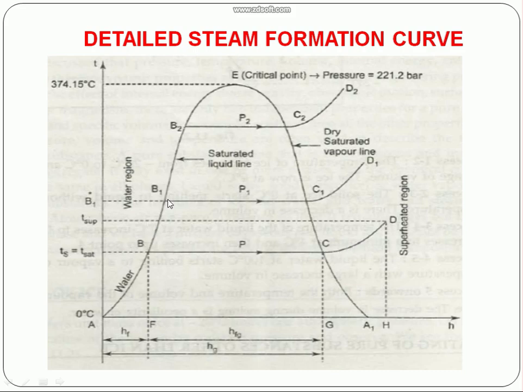Then for a different pressure it moves from A to B1, then to C1 and again to D1. The variation is the same in all cases.